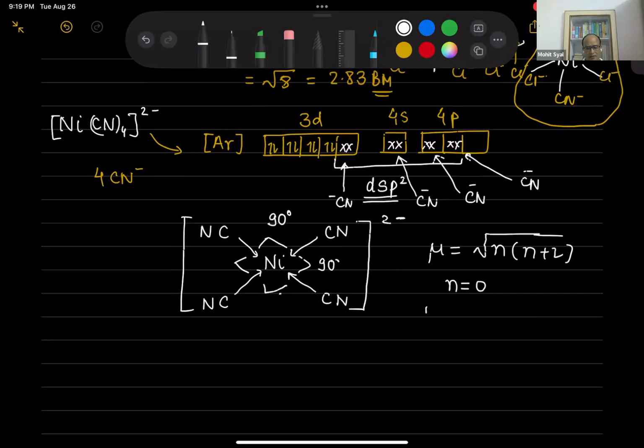And a diamagnetic complex will not be attracted in the magnetic field. A compound will feel an attractive force only if it has unpaired electrons. Is it clear or not?